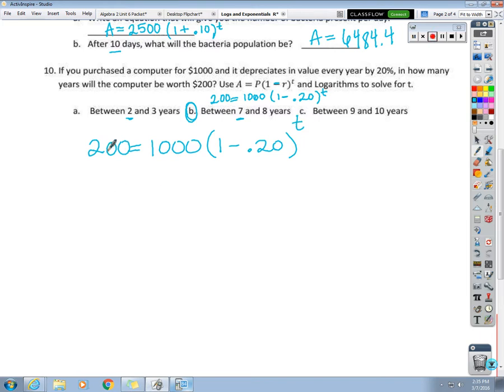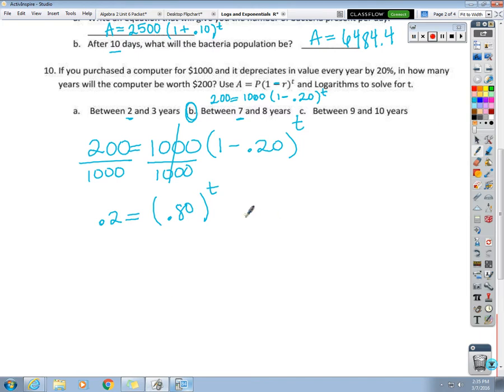But there's another way you could do this if you don't have numbers to plug in. You could start by isolating the t. Well, to get t by itself, I'm first going to divide by 1,000. That becomes 0.2. Now over here, instead of continuing to write it like that, what is 1 minus 0.20? 0.80.